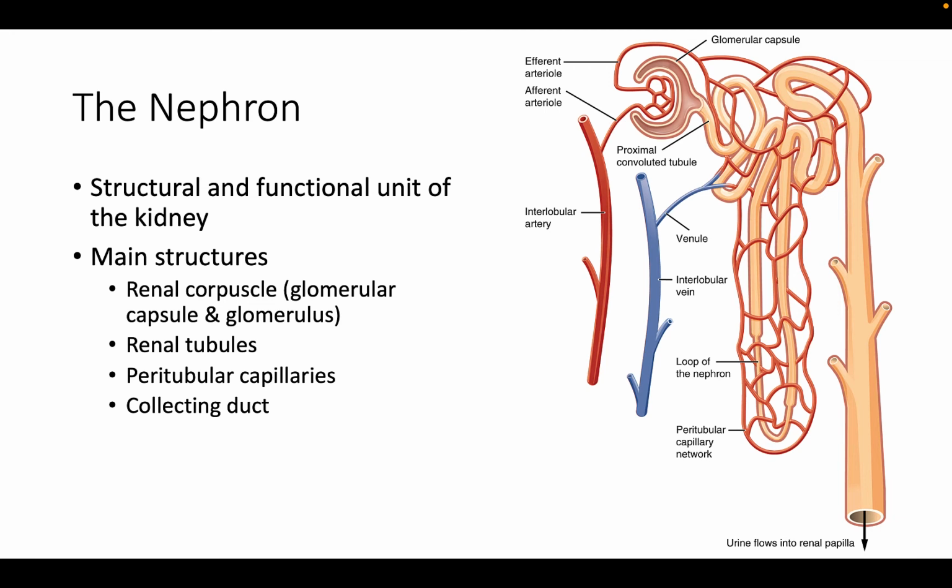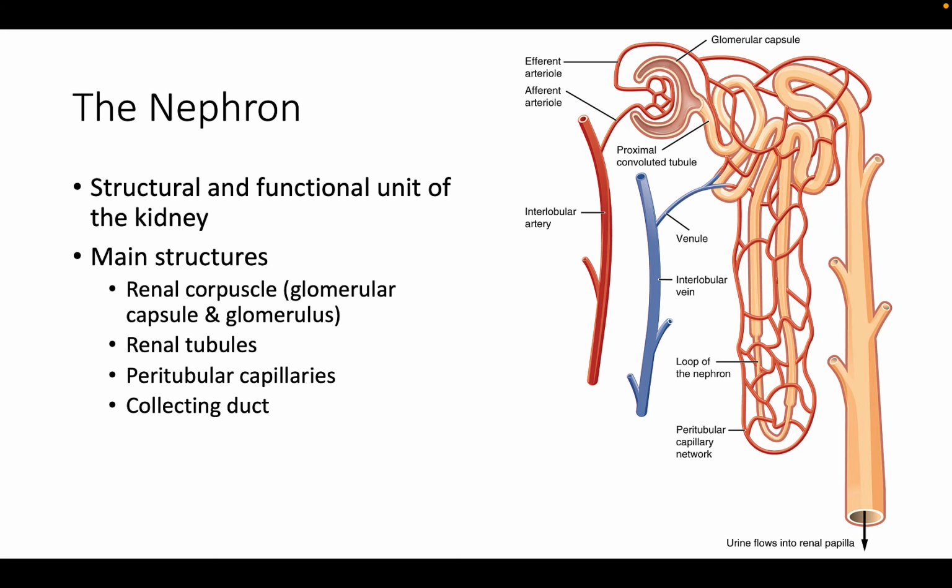The rest of the nephron consists of a continuous sophisticated tubule whose proximal end surrounds the glomerulus in a capsule. So this is a very intimate embrace between the glomerulus and this tubule aspect. And we call this the glomerular capsule, and it's also referred to as the Bowman's capsule after the person who discovered it.